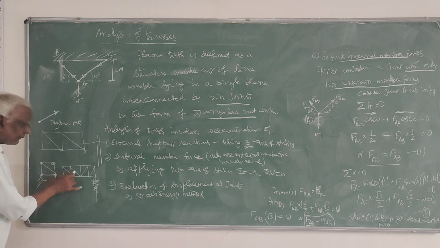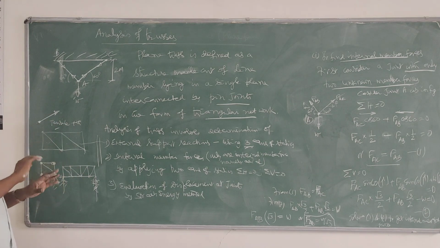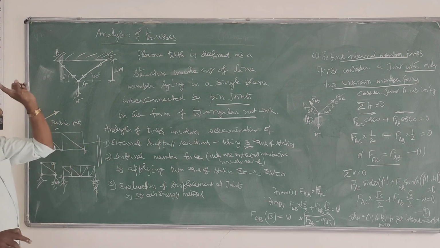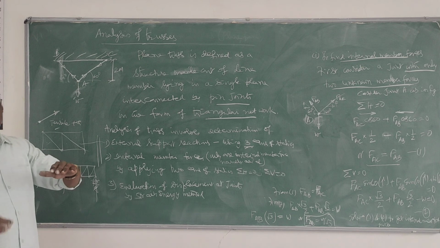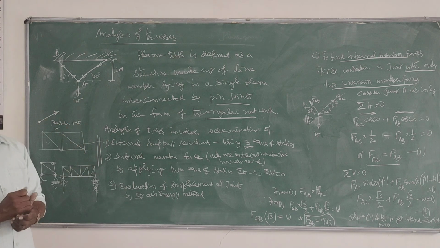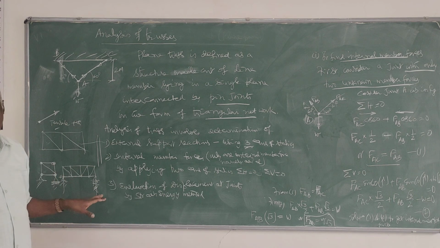Only the inclined members you have to find the inclination with horizontal or vertical and resolve them. Apply the two equations, solve them to get the unknown member forces. This is called the method of joints of analysis of truss.